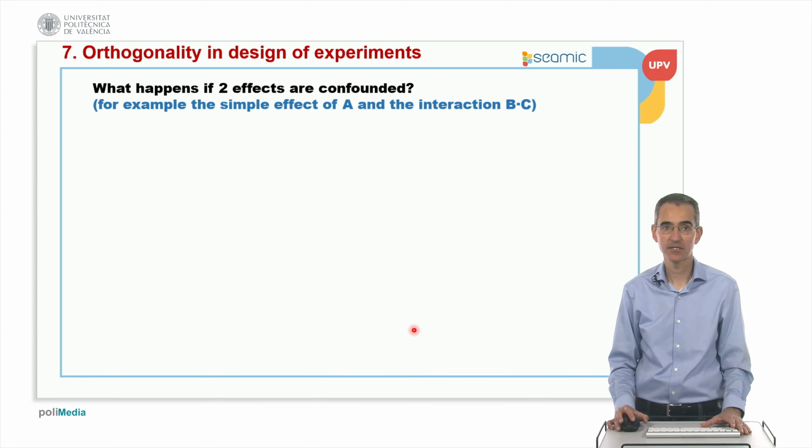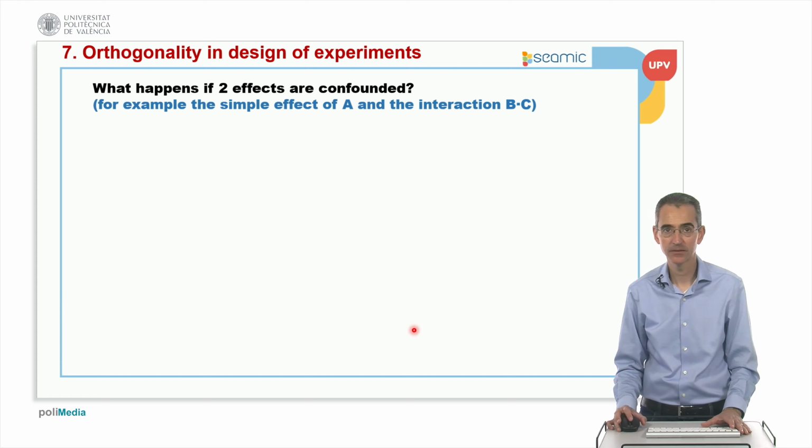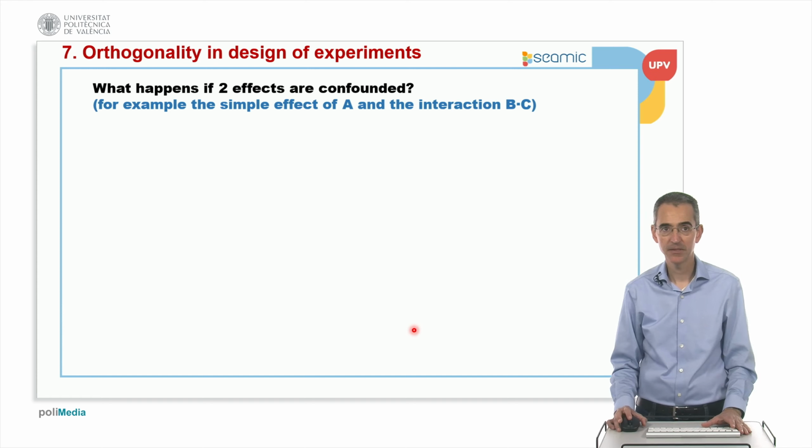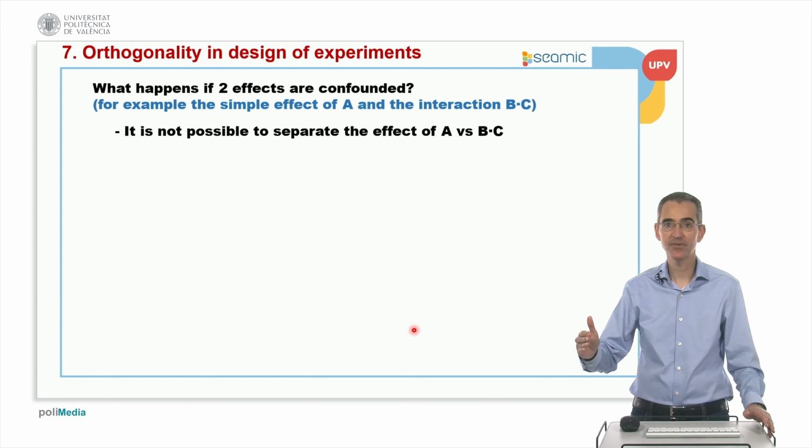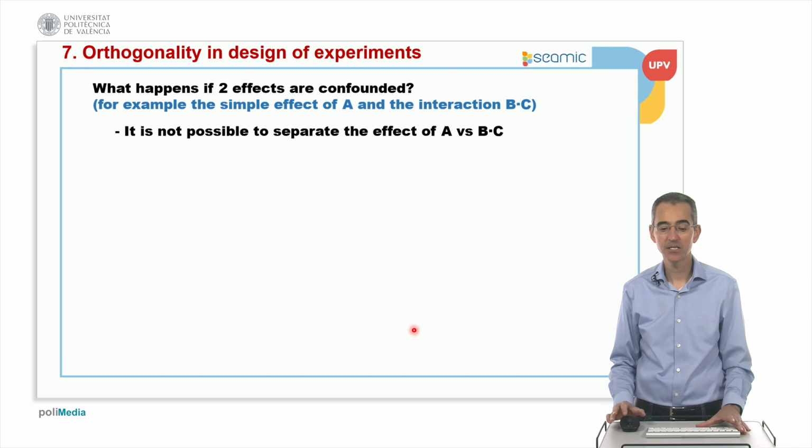So what happens if 2 effects are confounded? I have explained this before. For example, the simple effect of A is confounded with the interaction between B and C. So it's not possible to separate. We cannot say if the effect is actually because of A or because of the interaction between C and D. So we don't know.